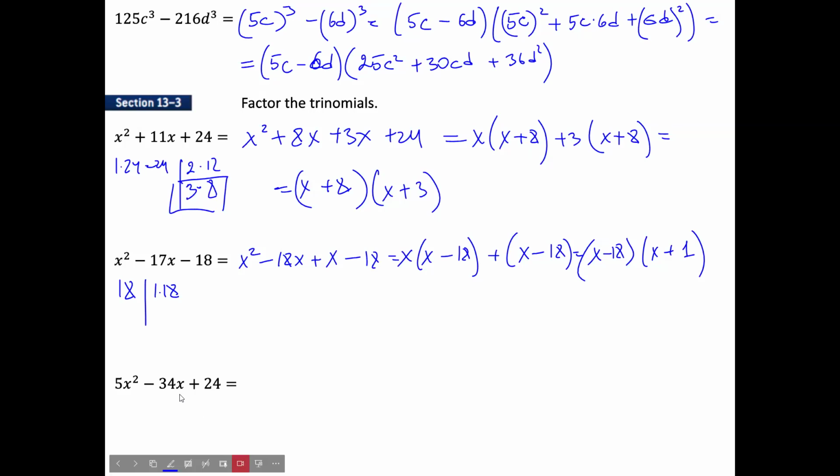What about this one? Well, 5 times 24, what is it? 120? So 1 times 120 doesn't work. 2 times 60 doesn't work. 3 times 40 doesn't work, right? 4 times 30, wow, it does work.